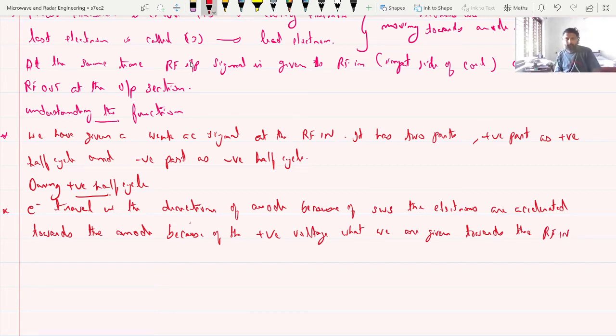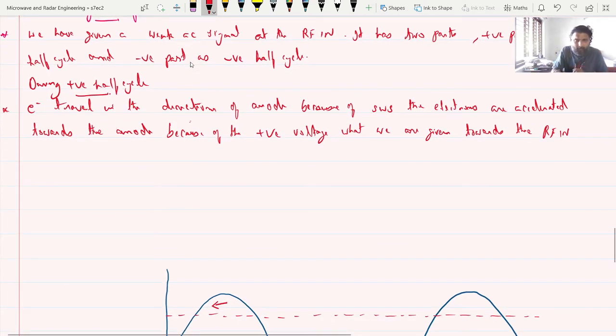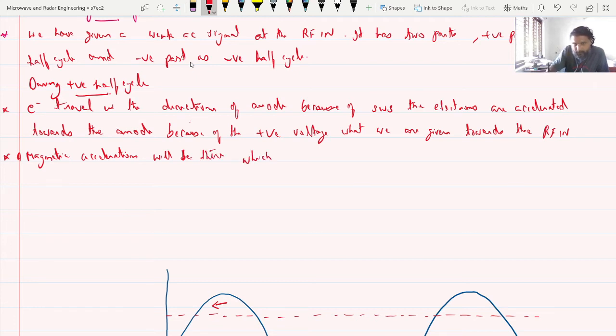Next, magnetic acceleration will be there. The magnetic acceleration will happen to this electron because of the magnet.